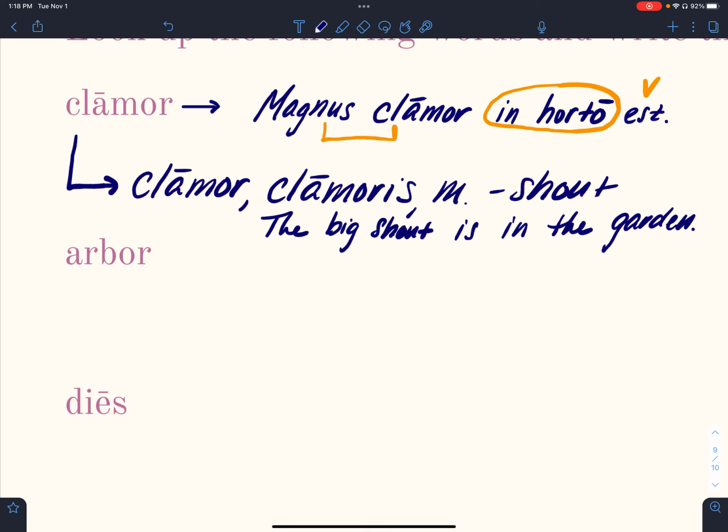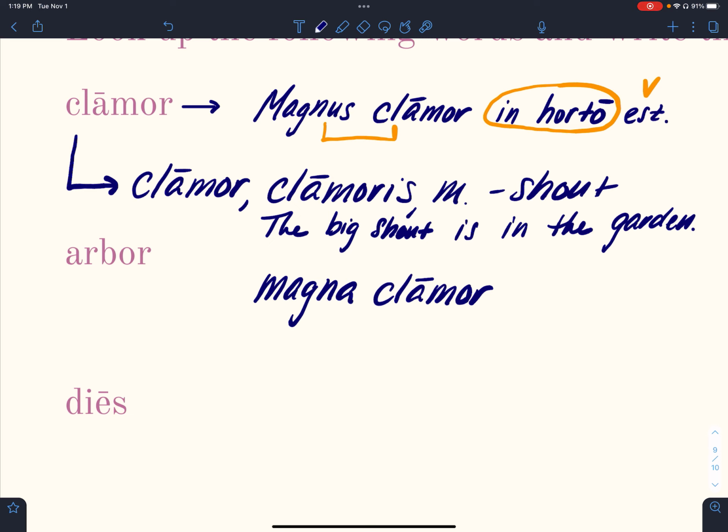If it was magna clamor, would clamor change, or would the gender change? Good question. So what he's asking is, is this grammatically correct? Magna clamor in horto est. No, you cannot do it. Because by nature, clamor is a noun, and what do we know about nouns?